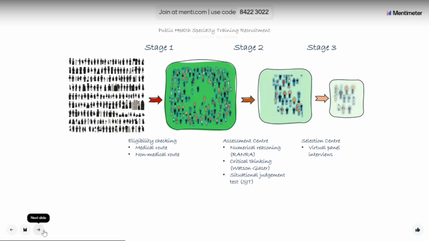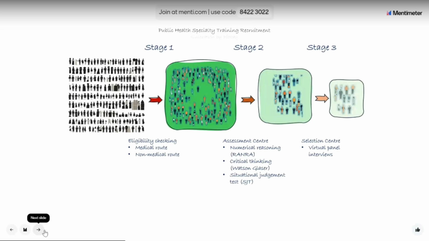The first stage is where they check eligibility of those that have applied. So there's an advert that comes out. One of the slides towards the end has the link for where the advert is going to be put. They've already put some preliminary information, and application is going to open next month. So people apply within the application period. There's an eligibility check-in phase. That's stage 1.